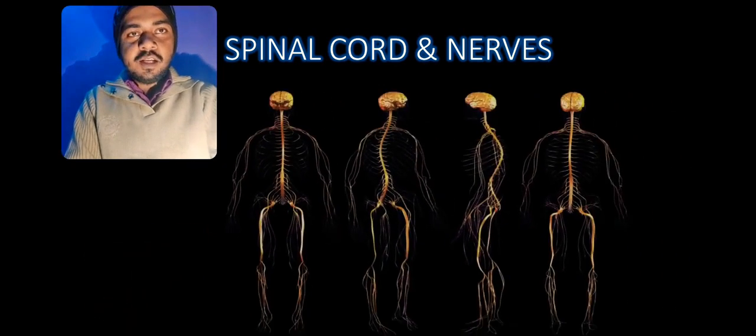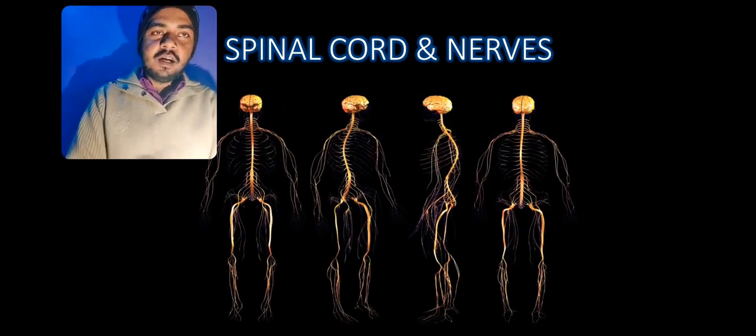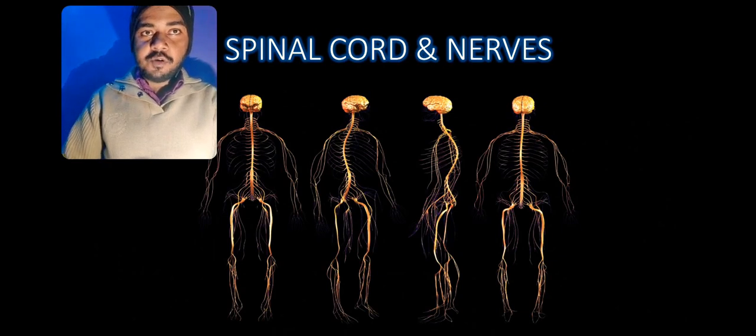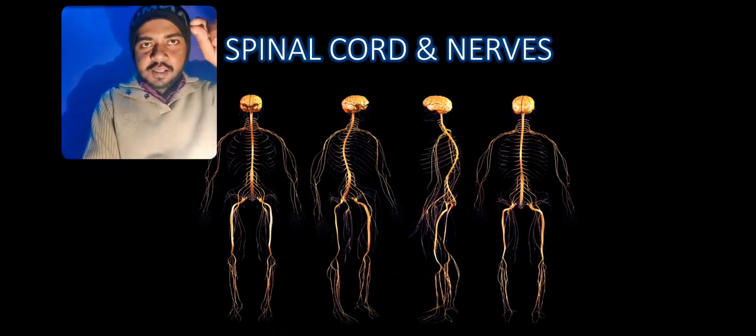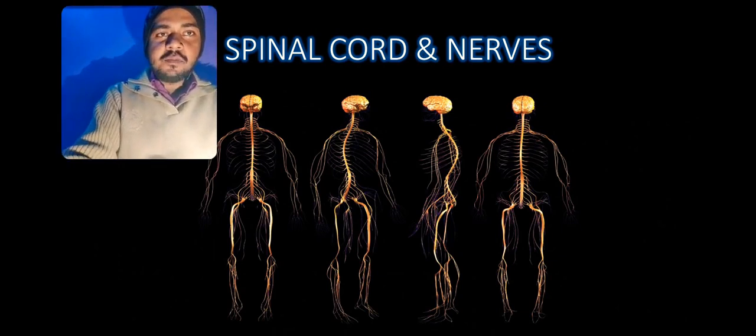In this video, we are going to explore the spinal cord and nerves, which are further parts of our nervous system. First of all, let's have a look at what we are going to explore today. The upper yellow small portions are the brains.